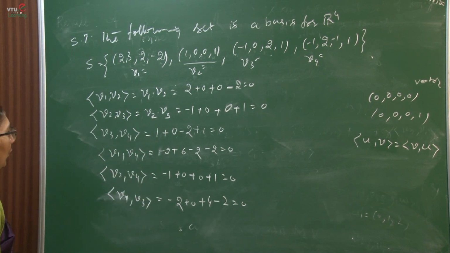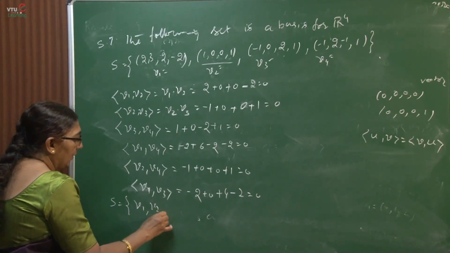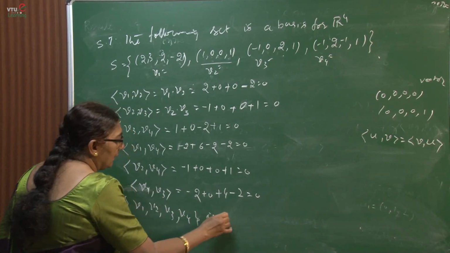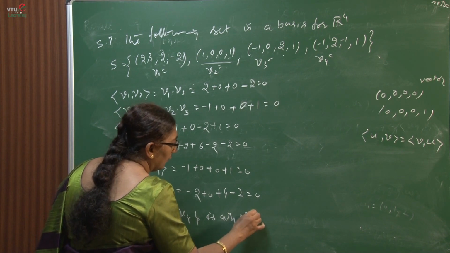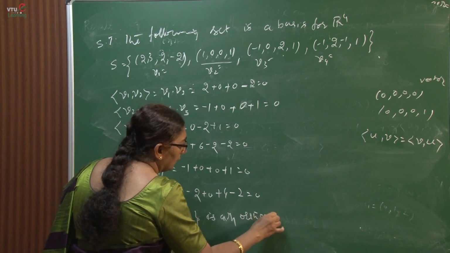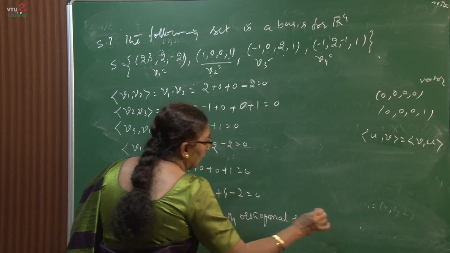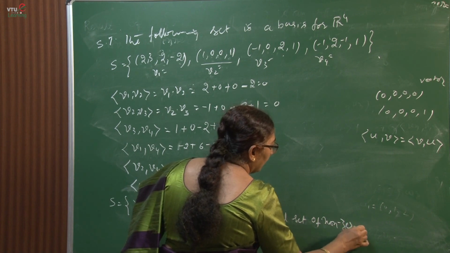All the values are 0, therefore V1, V2, V3, V4 is an orthogonal set of non-zero vectors.